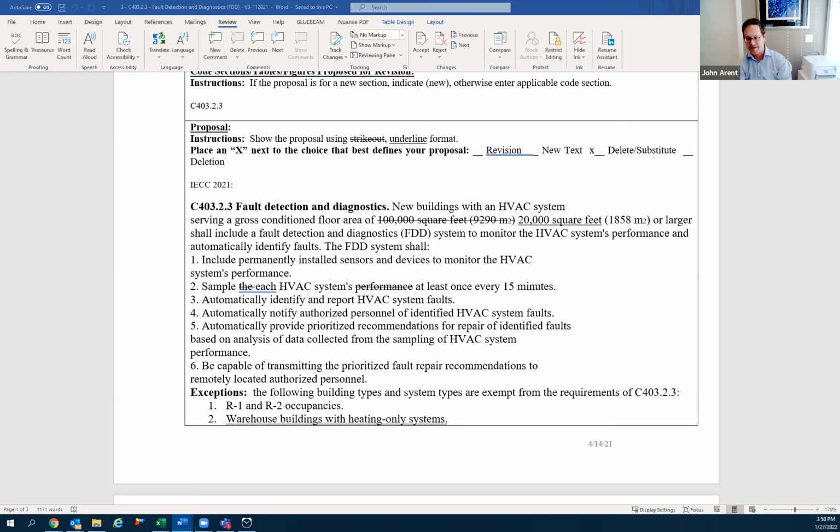The IECC language has a requirement for new buildings serving a gross conditioned floor area of at least 100,000 square feet. My suggested modification is to lower that to 20,000 square feet.